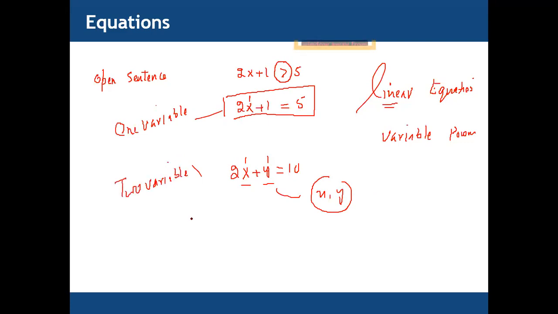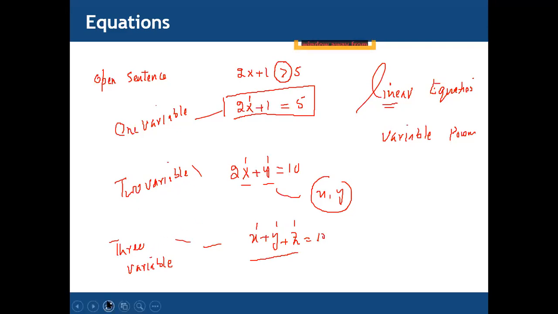If we write x plus y plus z equals 10, again this is a linear equation, because all three variables have power 1, and there are three unknown quantities. So this is called a linear equation with three variables.